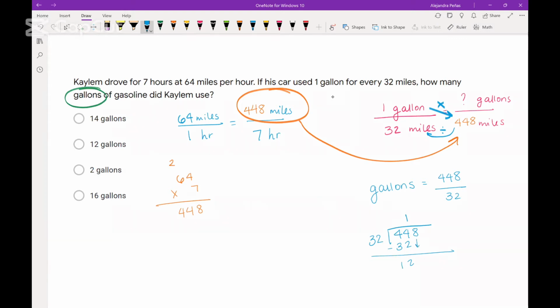And we bring down the 8. Let's see. 32 is pretty close to 30, and I know 30 times 4 is 120. So let me see. 32 times 4 is going to be, yep, 128. So this is going to be 4. So the total number of gallons used on this trip is 14 gallons.